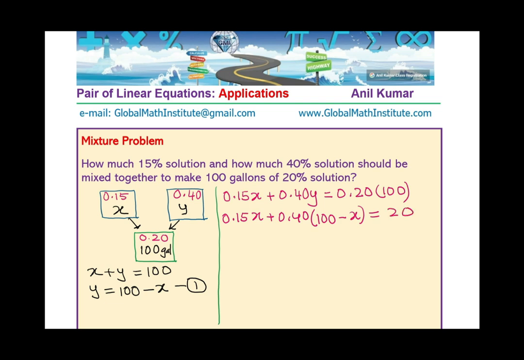Correct. So now we can open the brackets, solve for x, right? So 0.15x plus 40 minus 0.40x is equal to 20. Now we can do the math. 0.15x minus 0.40x is 20 minus 40, which is minus 20.